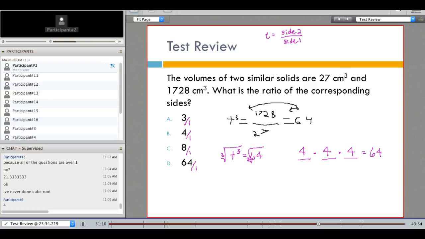If you needed to, most of the time it'll be smaller numbers like this, or again, you can take your multiple choice answers, if you have the advantage of multiple choice, take 3 times 3 times 3 and say, does that equal 64? No, so move on to the next one. Does 4 times 4 times 4 equal 64? Oh, okay, that's my answer. So that's one advantage if you have multiple choice.